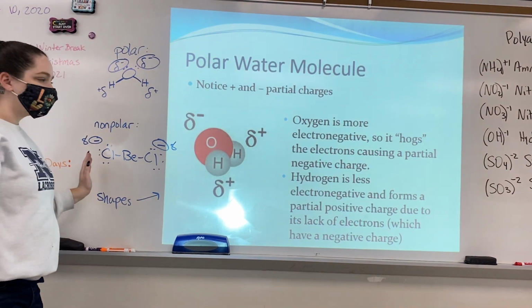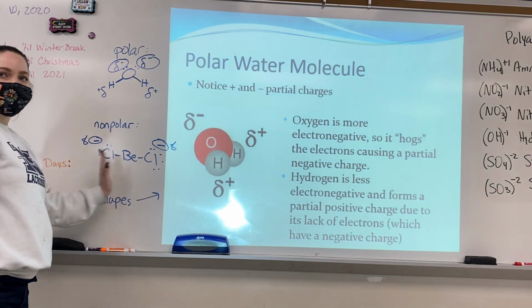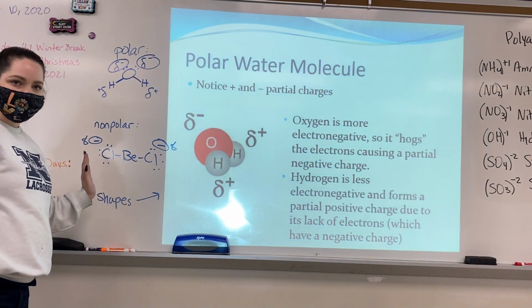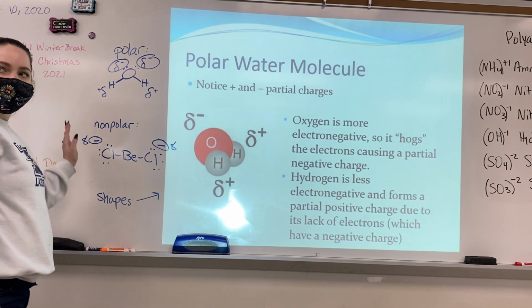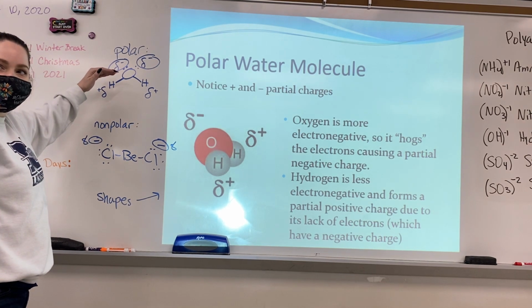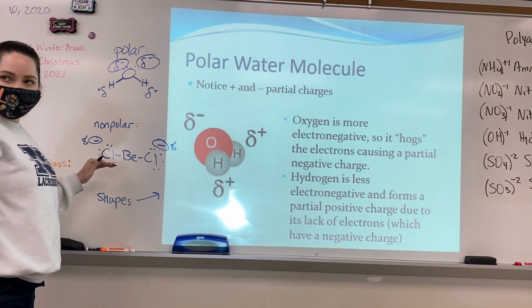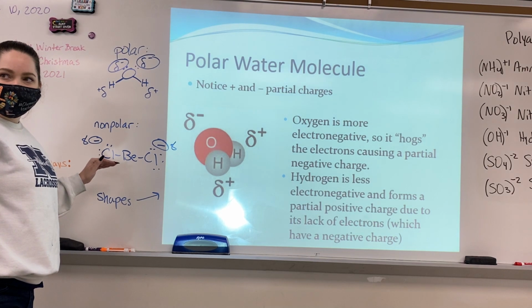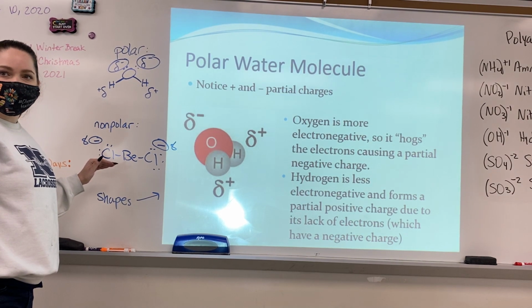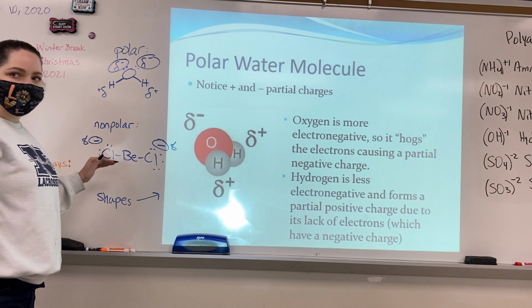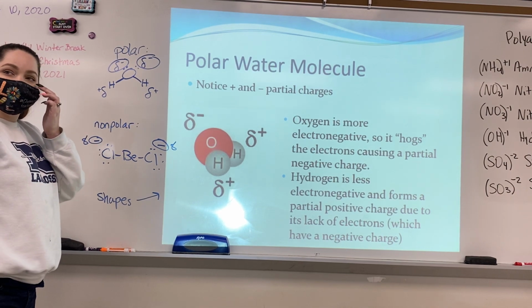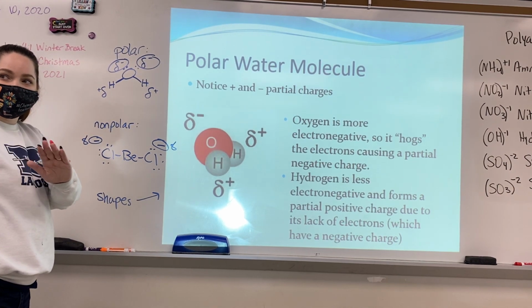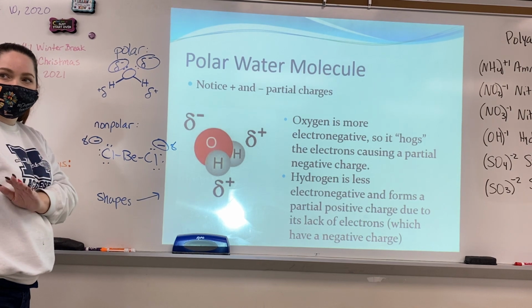This is nonpolar because you have the same sign on opposite ends of the molecule. Does that make sense? Different signs on different sides, same signs on different sides. Okay, we'll do more examples later, but for right now, does anyone have any questions on how to determine if something is polar or nonpolar?